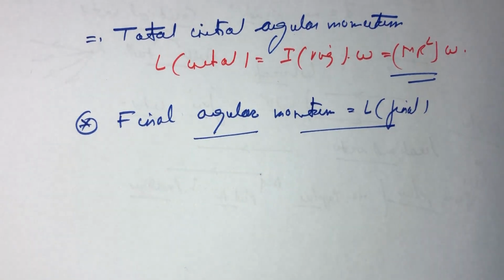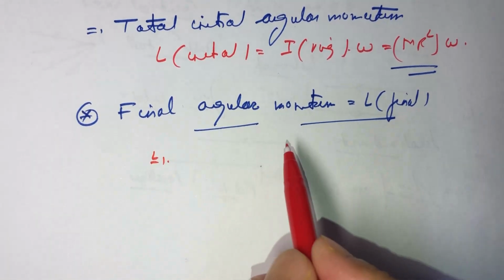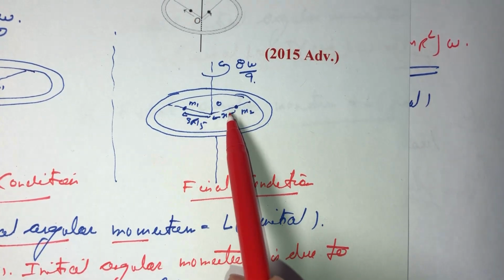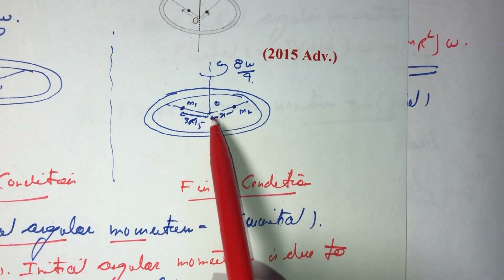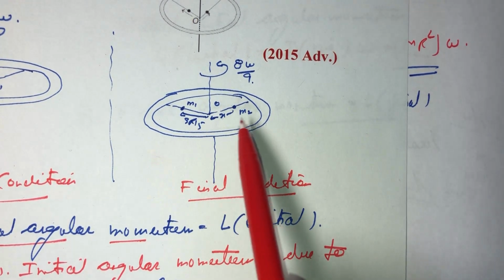So once again, in the final angular momentum the position of the point masses has changed. So as the position of the point masses has changed, it means they have moved from the center of the axis to a new position. The moment of inertia of the system is also going to change.